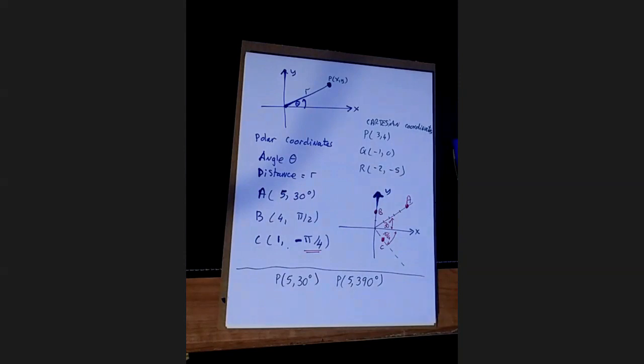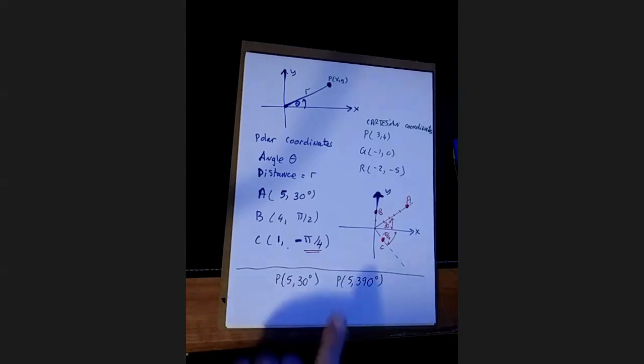Five, 390 degrees. Do you know that's the same place? Because you just go round the circle once and then you do 30. And couldn't I keep on adding 360s to that forever? And it would still be the same point in 2D space with lots of different angles.